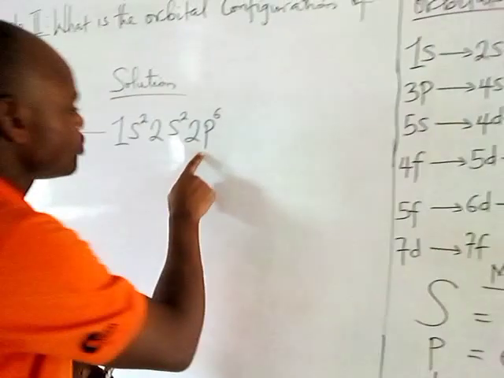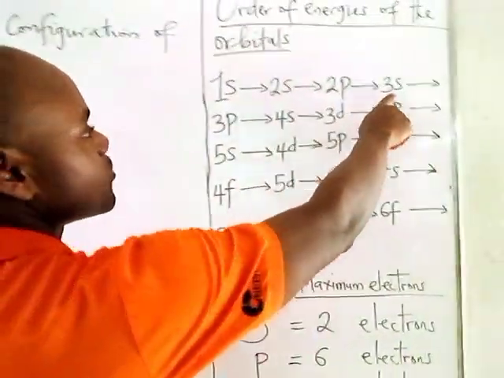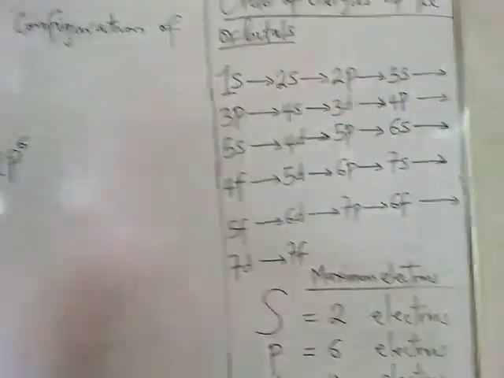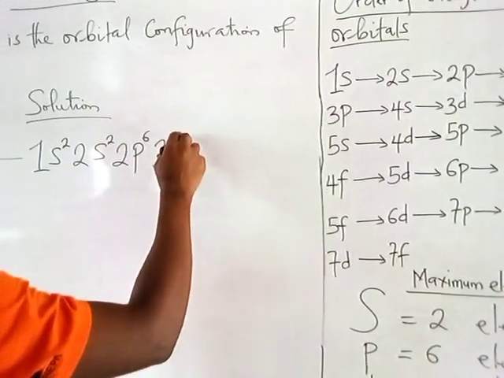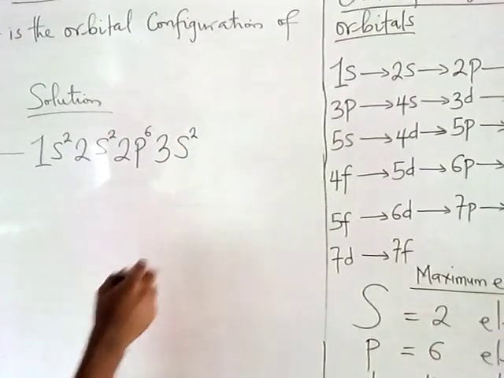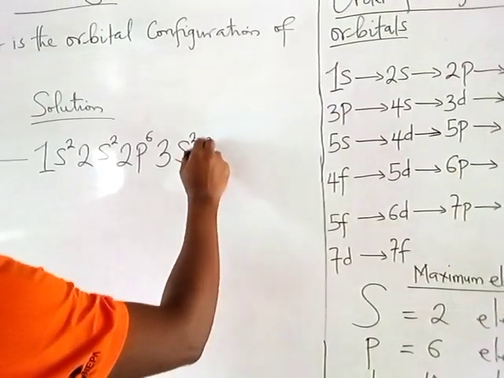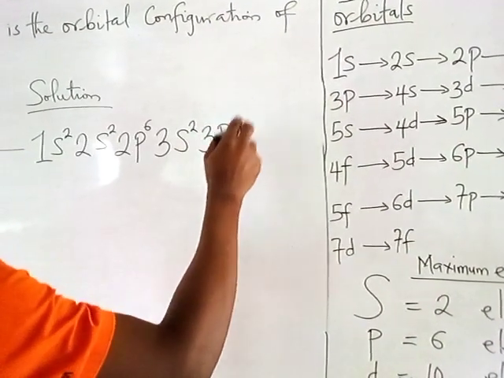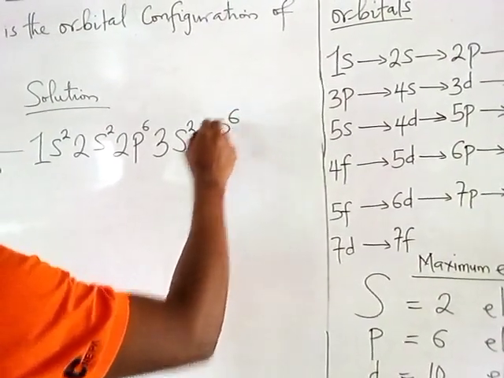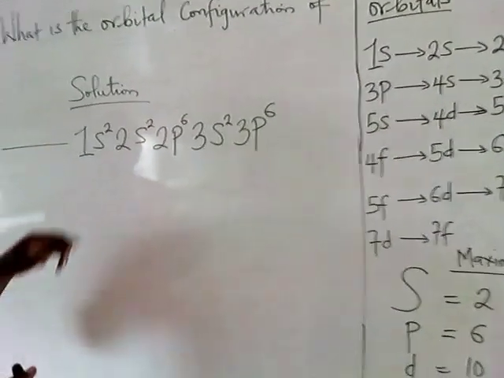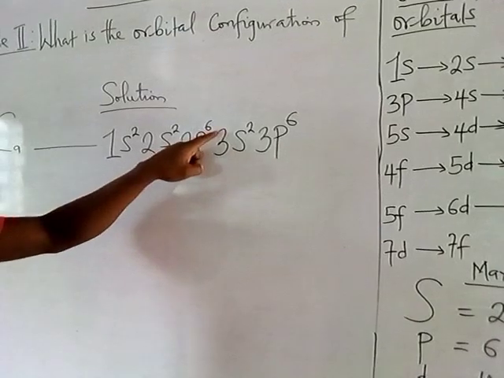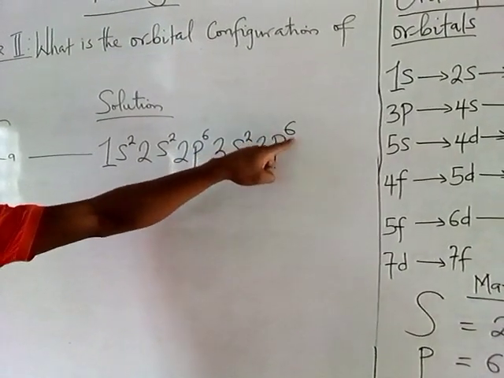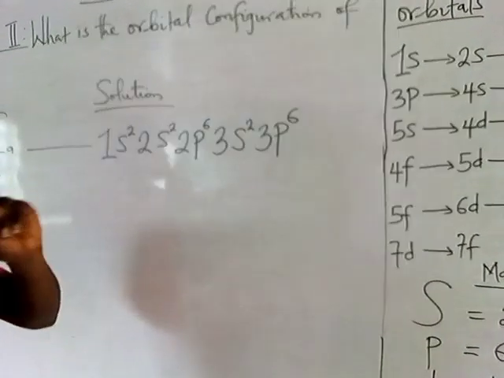After the 2p orbital, the next orbital that we have is 3s. For the s orbital, the maximum is 2 electrons. The next orbital is 3p. The maximum number of electrons is 6. Now let's quickly sum the electrons. 2 plus 2 is 4, 10, 12, 18. So 2 is remaining.